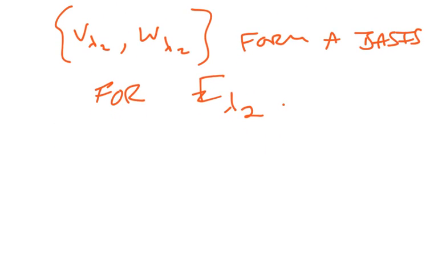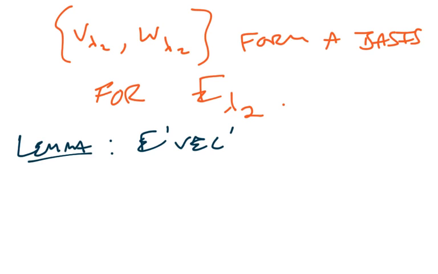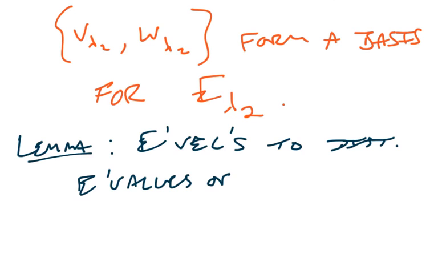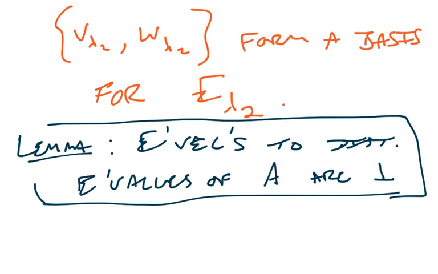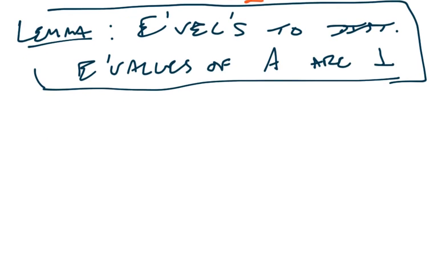So we have this lemma in the back of our mind that says eigenvectors to distinct eigenvalues of A are orthogonal. So let's go ahead and check that out right now, just to make sure that we're still sane.